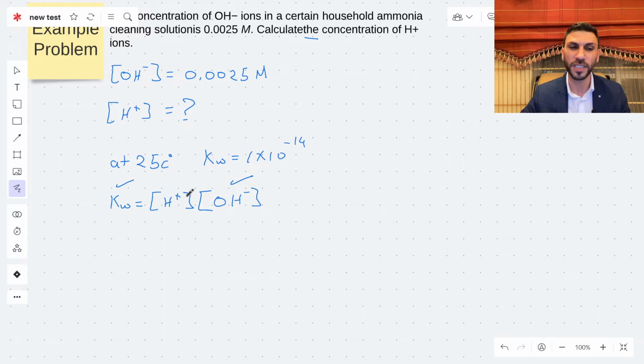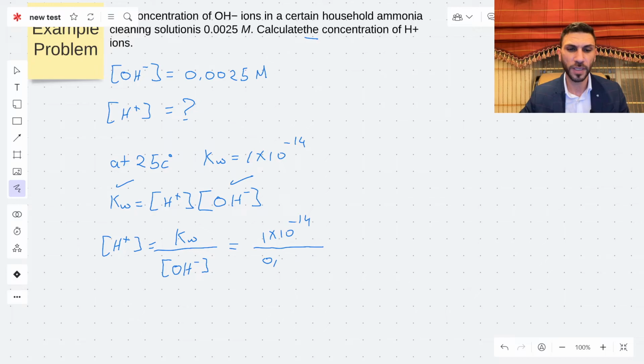All we need to do is to find the H positive concentration, which equals Kw divided by the concentration of OH negative, which equals 1 times 10 to the power of negative 14 divided by 0.0025.